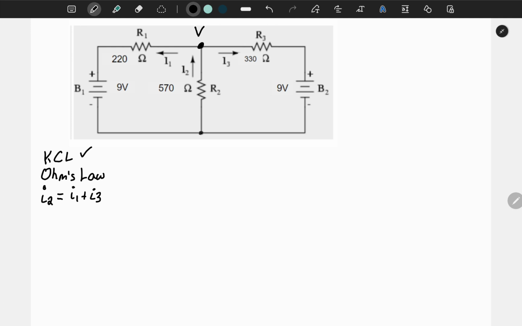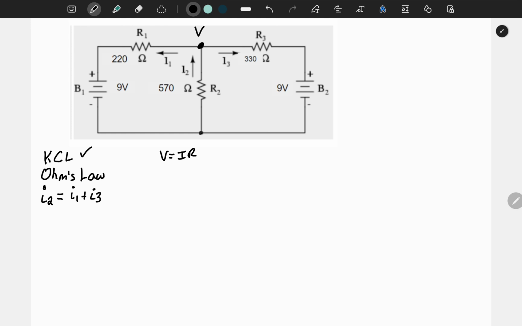Now Ohm's law, so Ohm's law is V equals I times R. The voltage across a component is equal to the current that's going through it multiplied by the resistance of the component. Luckily for us, in this circuit, everything is labeled 1, 2, and 3.